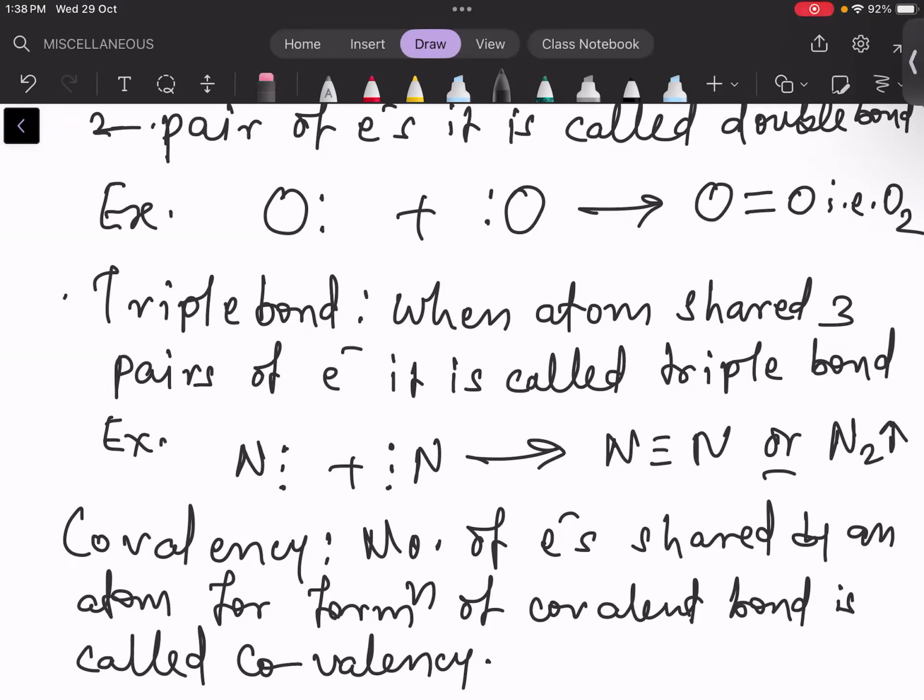Covalency. Is there any doubt? Any doubt?